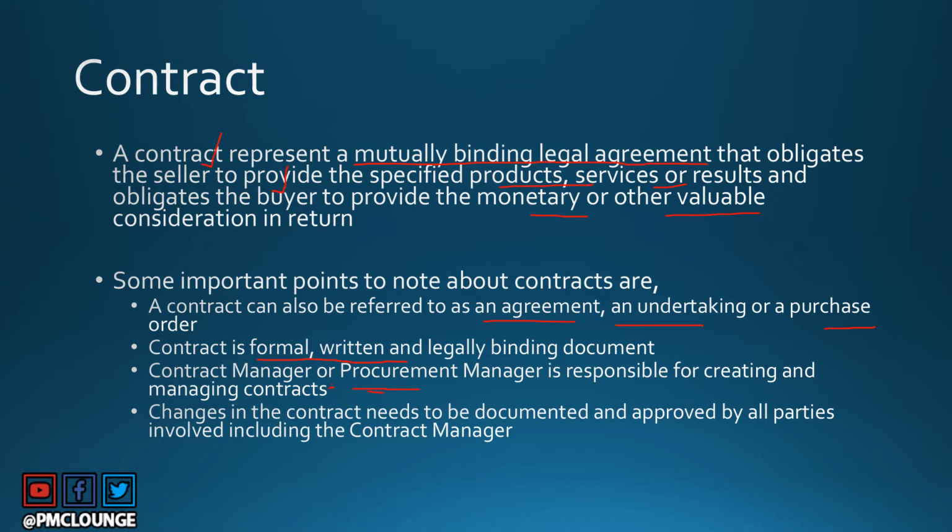So you as a project manager need not have all the legal information around contracts, because the contract manager or procurement manager is responsible for that. A lot of people think contracts cannot be changed, but contracts can be changed. If there is a change, you need to document that change, and all parties involved, the seller, the buyer, everyone, should approve the change. You should always keep the contract or procurement manager in the loop because they have the best knowledge of the contract.